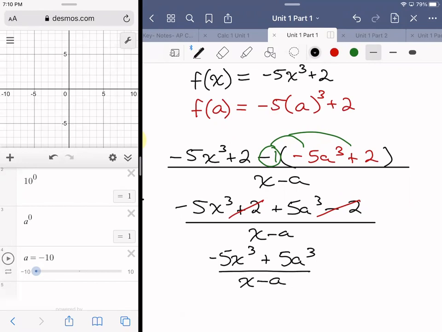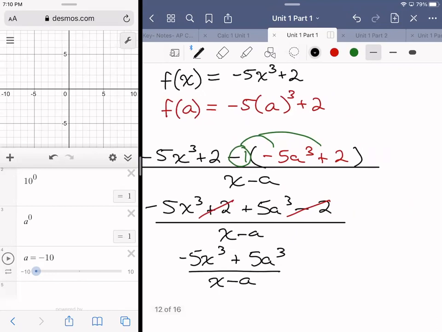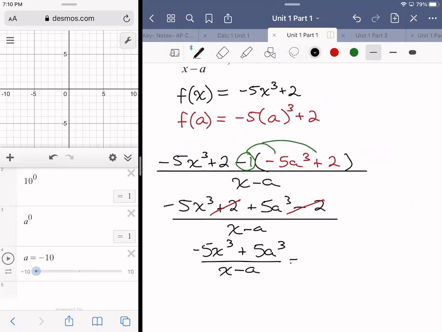I can factor out a 5, but it would actually be in our best interest to factor out a -5, because I notice on the bottom here, my x has a leading coefficient of +1. So if we're going to be able to simplify, I want to eventually get this x to have a coefficient of +1.